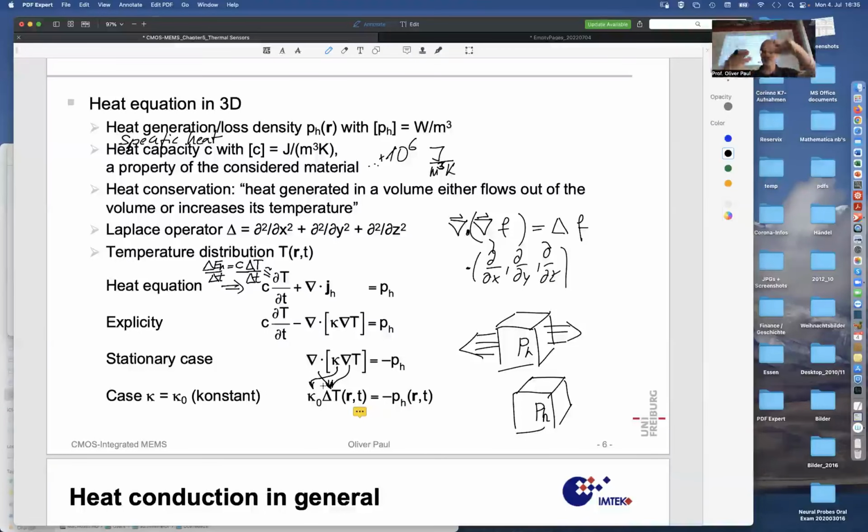If this object is inhomogeneously hot, kappa could be a function of temperature and therefore a function of location. We assume it to be kappa 0, we have it out there. And then we have a yet simpler equation that is called Poisson's equation.